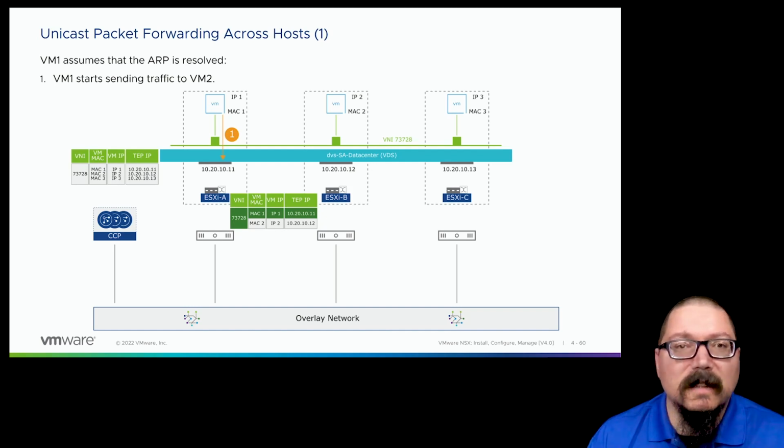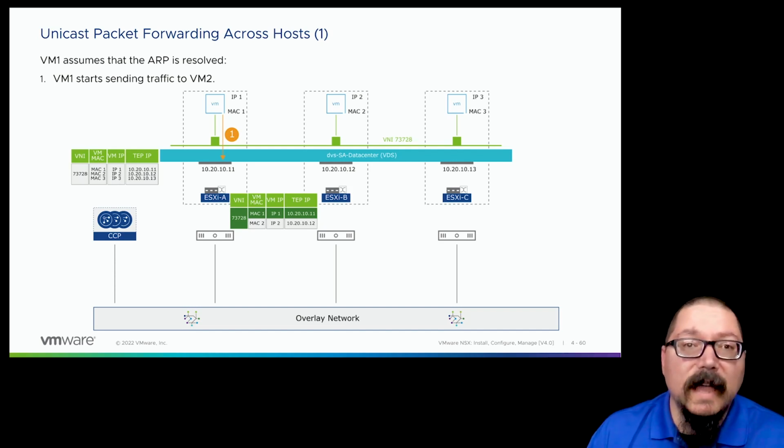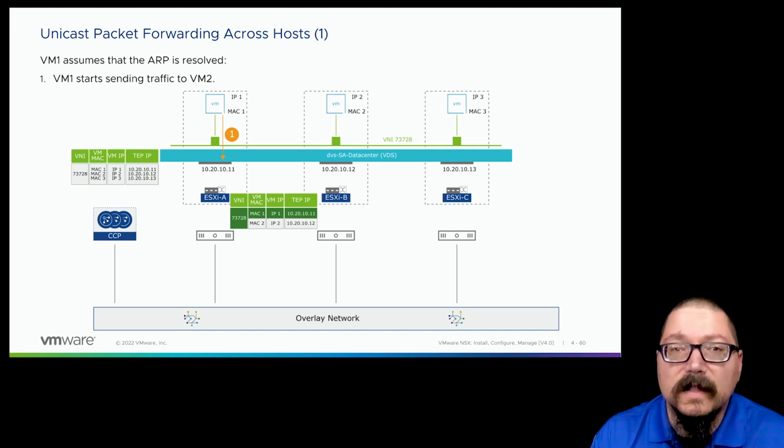The virtual switch is going to look at the source MAC address, just like any other switch does, validate that it's coming in on the right port, and then it's going to look to the destination. Well, here we're going to look at the destination MAC address and look that up in the MAC address table on the local control plane. So that we can then say, all right, if I want to get to MAC address 2, I have to forward this frame to tunnel endpoint 2.